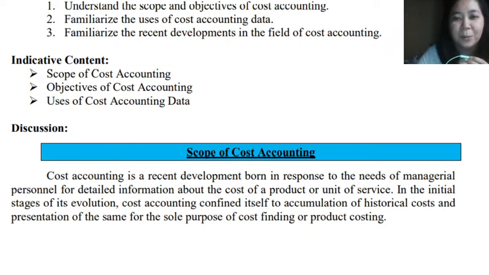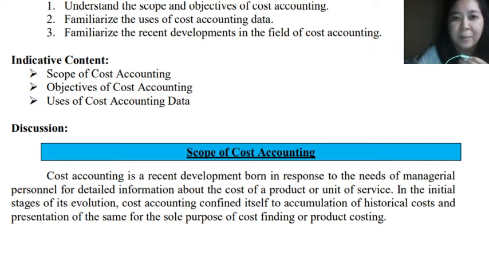Basically, cost accounting is considered to be a recent development which was created to respond to the needs of the managerial personnel.